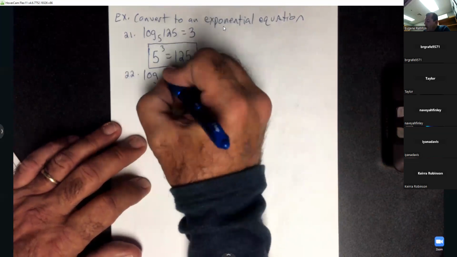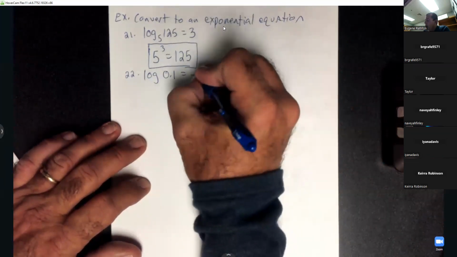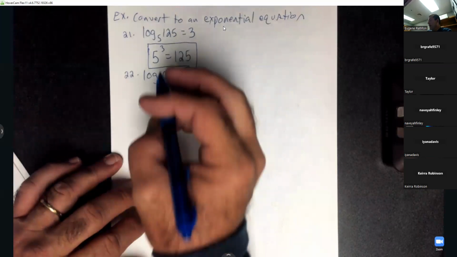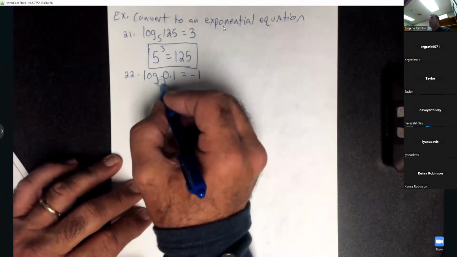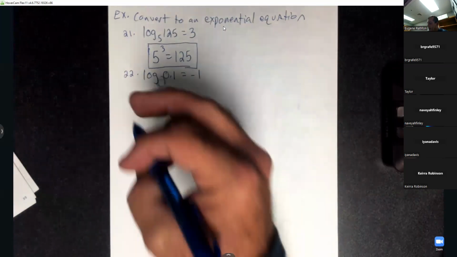Log of 0.1 equals -1. So let's see if y'all can get this. They don't have a base sitting down here. So since they don't have a base on this log, what base would y'all use? 10, good job. 10, perfect.